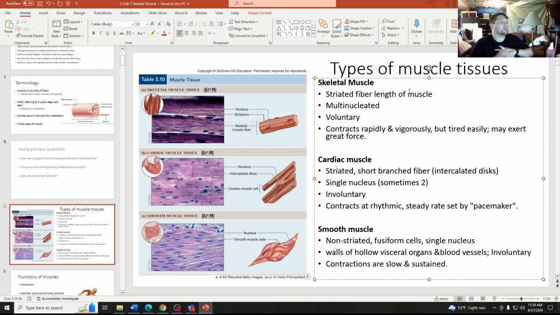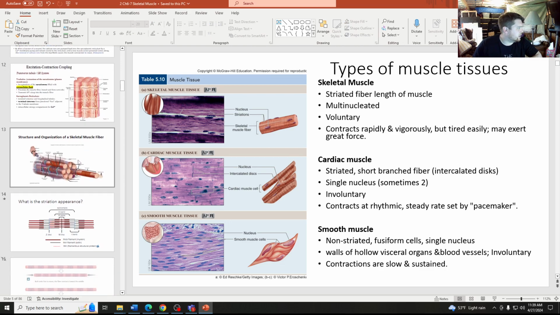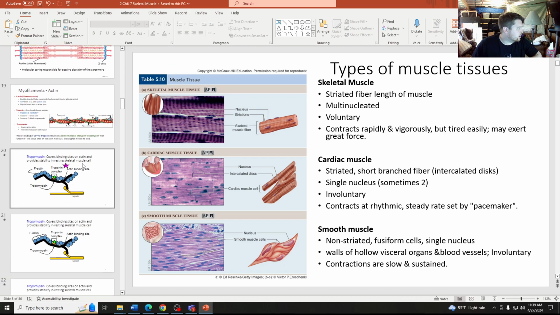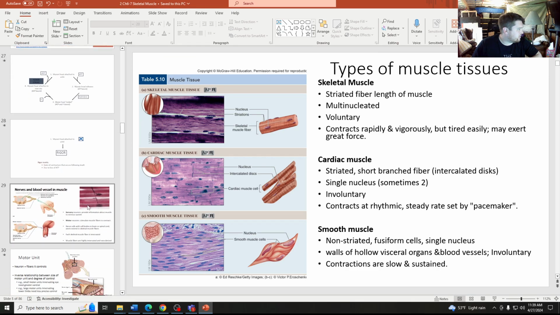Okay, so skeletal muscle. The main thing we want to understand is that it is striated fiber along the whole length of the muscle. When we talk about striated, you see these little lines all along it. Let me see, there should be a couple of other, more real-life pictures.